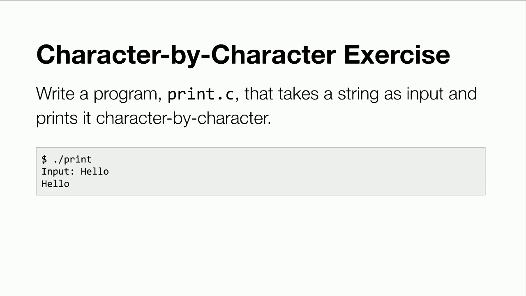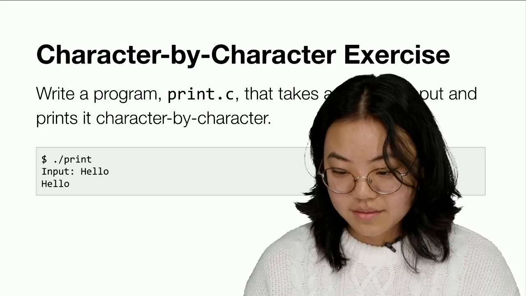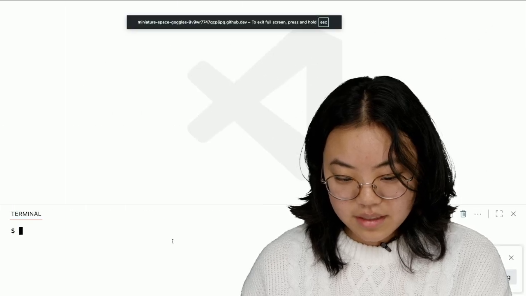But we're going to walk through this. So this exercise, character by character, we want to write a program called print.c that takes a string as input from the user and then prints it character by character. Okay, so we're going to move to the terminal.